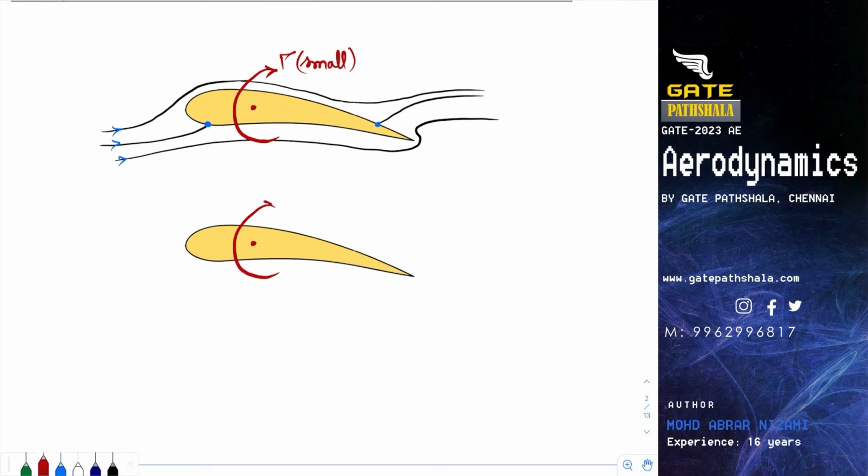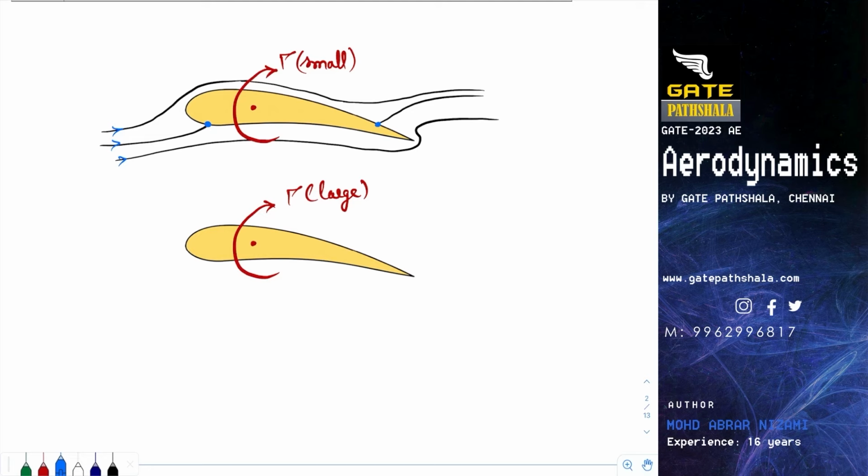So suppose we impart a large circulation, what it does is there is the flow velocity which is coming in this direction. If we impart circulation, this circulation will add extra angular momentum. Okay, so that will increase the linear velocity on the surface of the aerofoil.